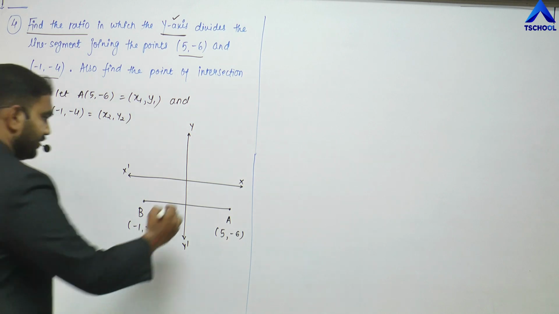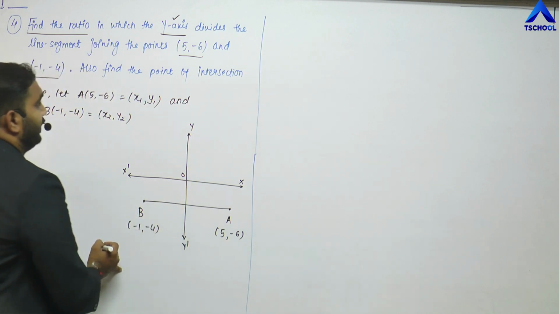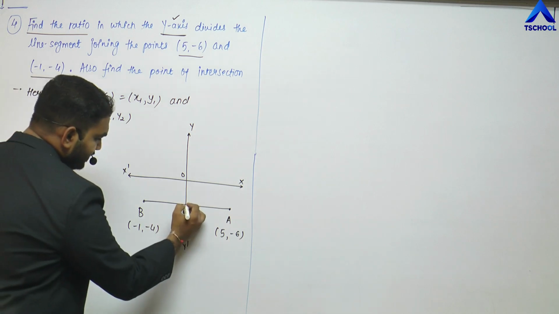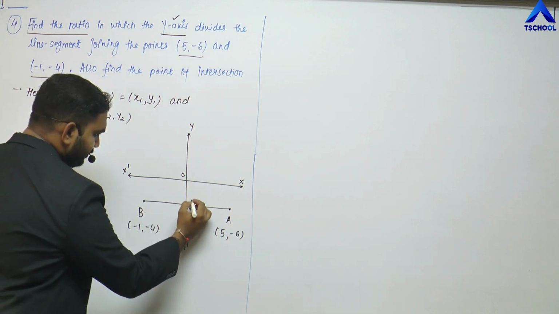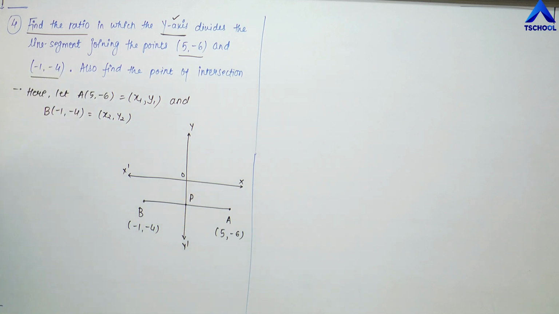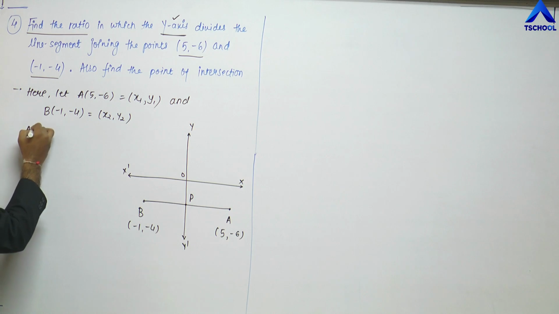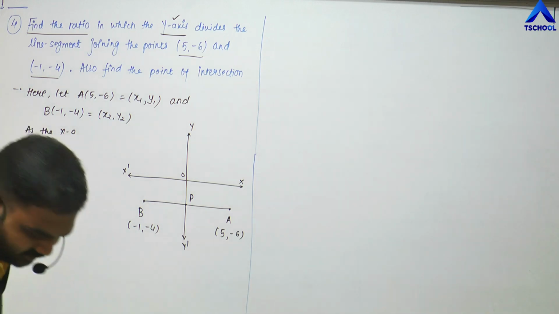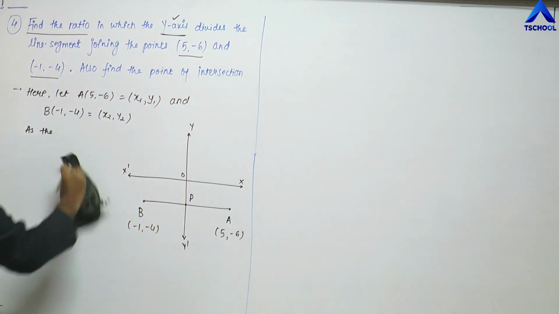Now friends, what we need is the point of intersection and also the ratio. So this is our point of intersection P, which is located on the y-axis.